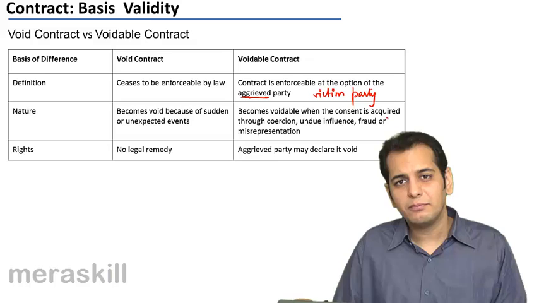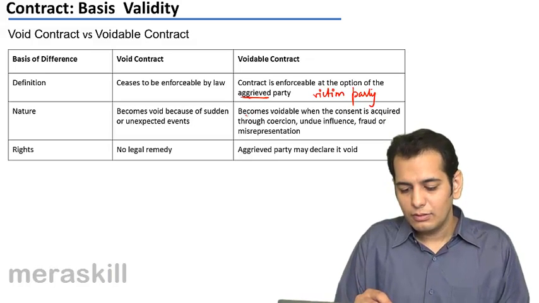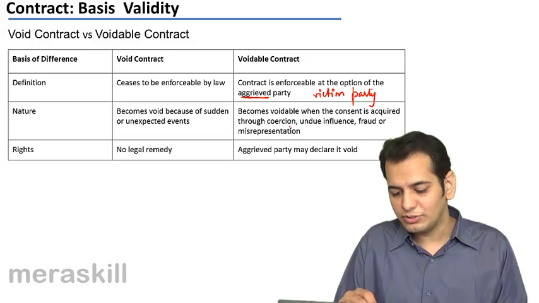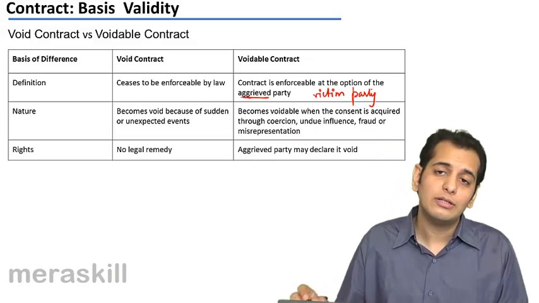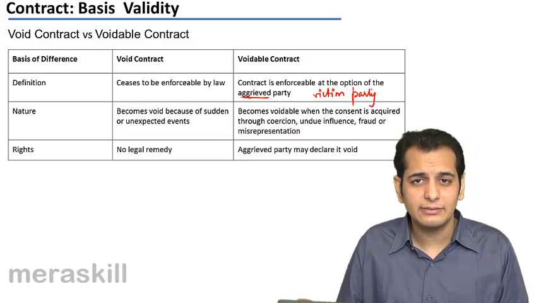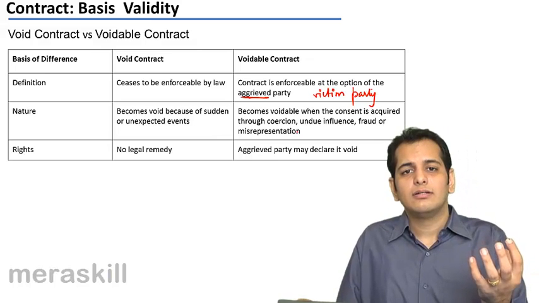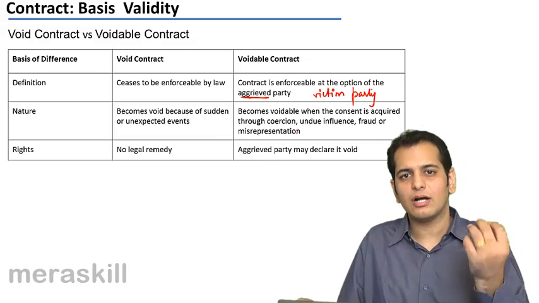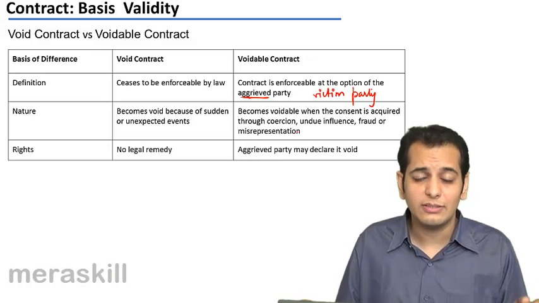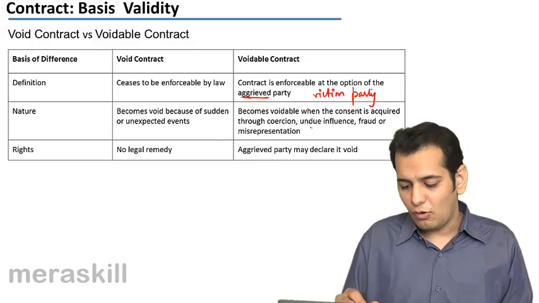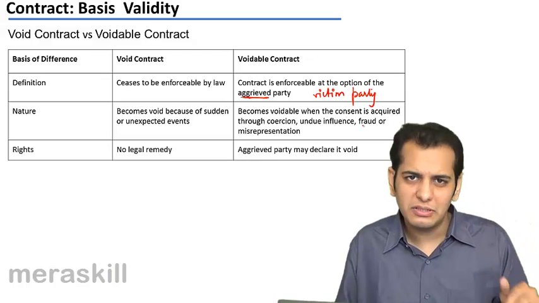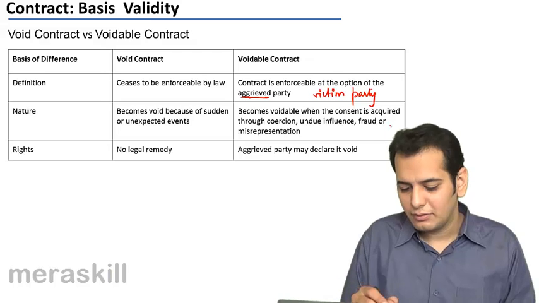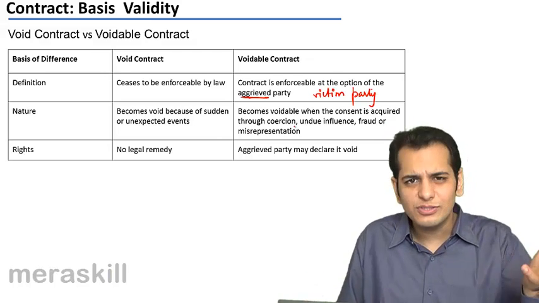What is the nature of a voidable contract? It becomes voidable when the consent is acquired through coercion, undue influence, fraud, or misrepresentation. We've already studied this. When the consent is not free, that is, it is acquired on account of coercion, that is, physical pressure, or undue influence, that is, emotional pressure, or fraud, that is, cheating, or misrepresentation, that is, innocent fraud.